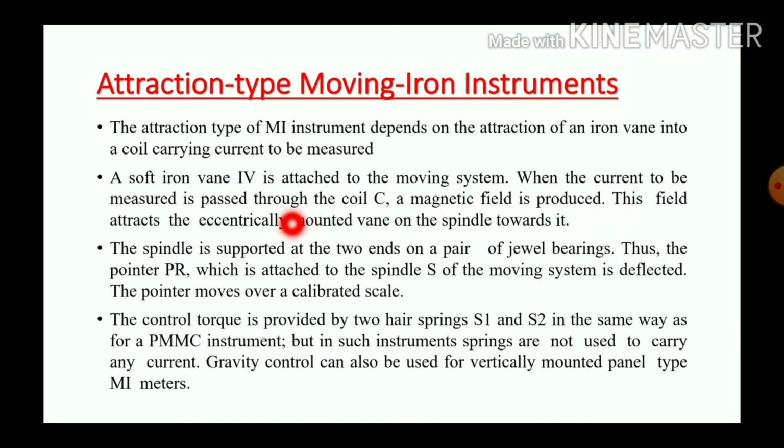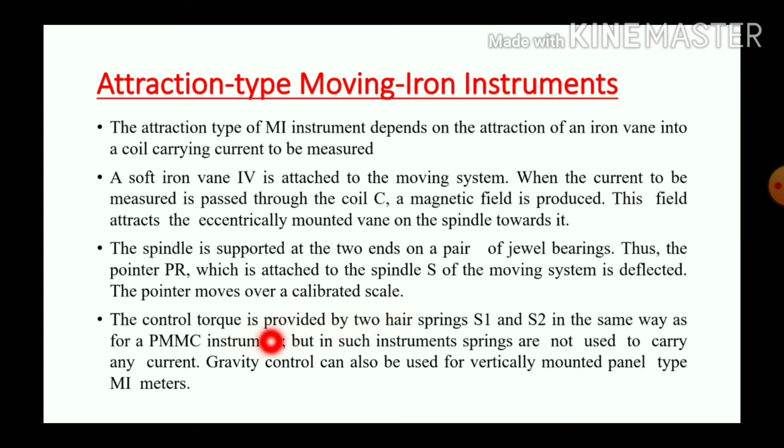This field attracts the eccentrically mounted vane on the spindle towards it. The spindle is supported at the two ends on a pair of jewel bearings. Thus, the pointer PR, which is attached to the spindle S of the moving system, is deflected. The pointer moves over a calibrated scale.